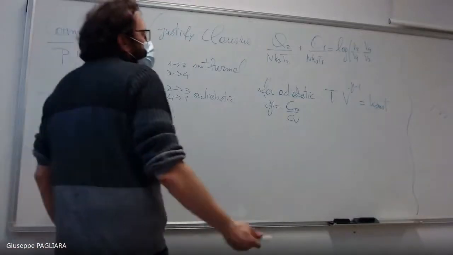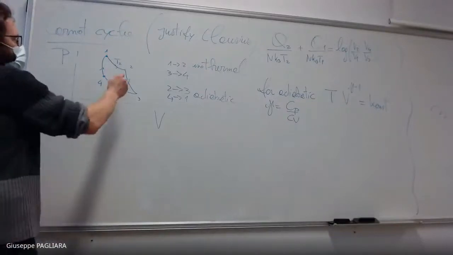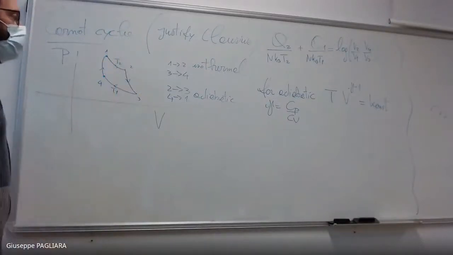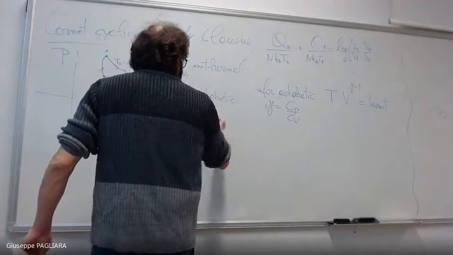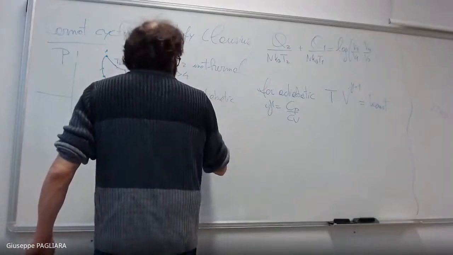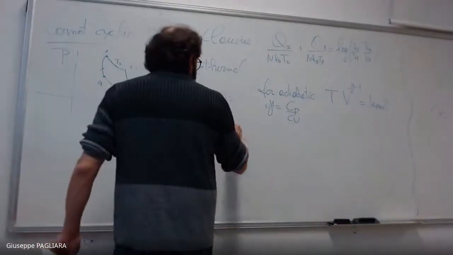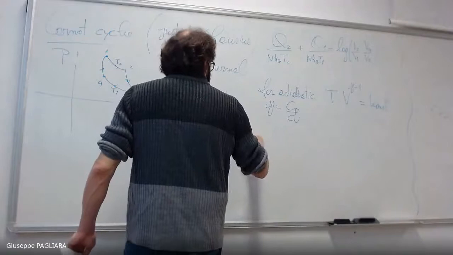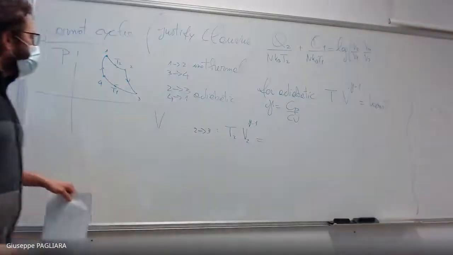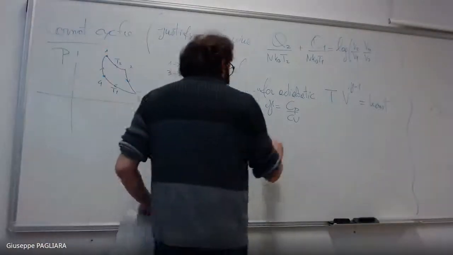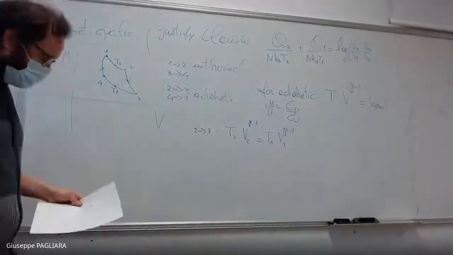And now I can use this relation for the two adiabatics that I have here, in particular the 2, 3 and the 1, 4. So let's apply this law for the transformation 2, 3. In this case, I get that T2 V2 to the power of gamma minus 1 must be equal to T1 V3 to the power of gamma minus 1.